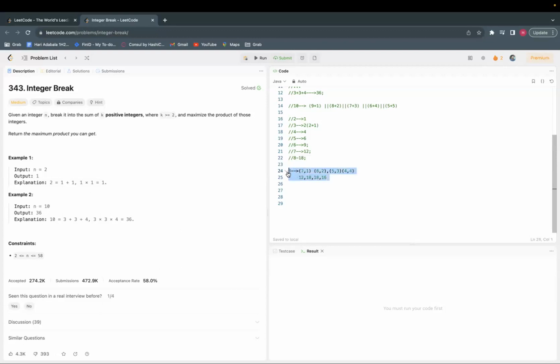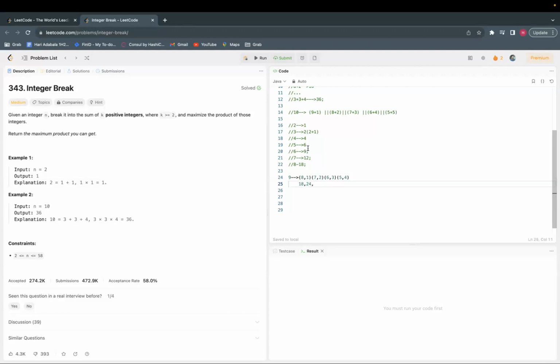So let's do it for one more number. Let's do it for 9. For 9, we can write it as 8 comma 1, or 7 comma 2, or 6 comma 3, or 5 comma 4. Let's quickly calculate. For 8 it is 18, 18 star 1 is 18. For 7 it is 12, 12 star 2 is 24.